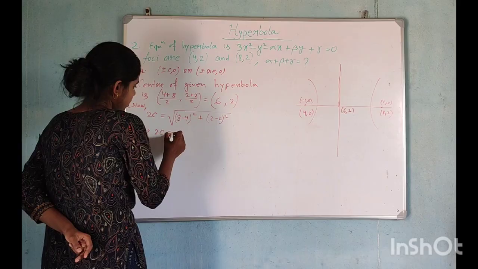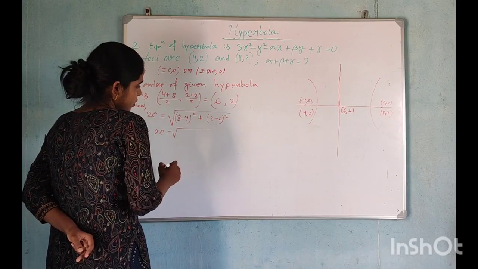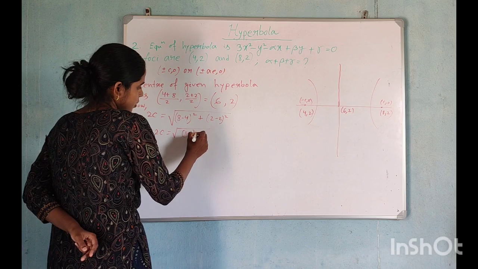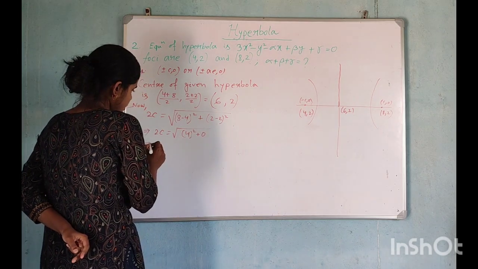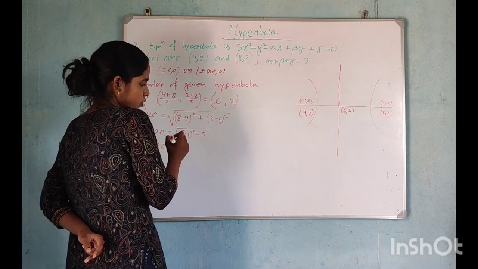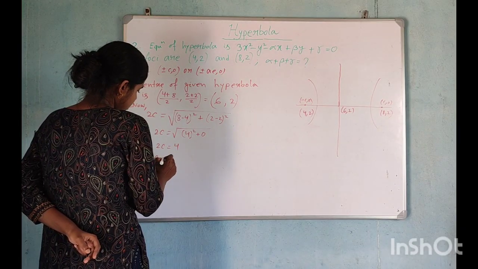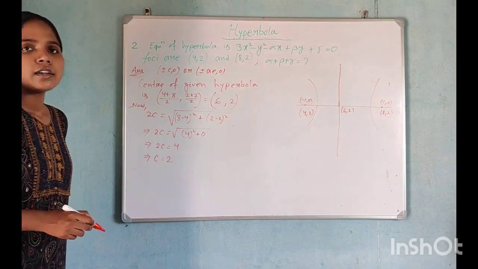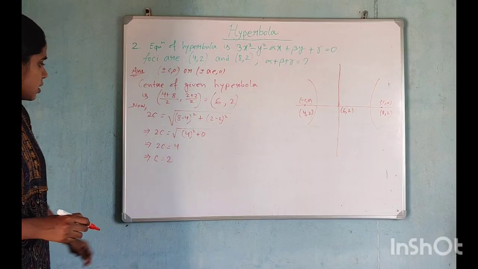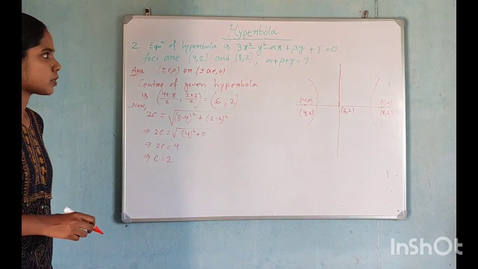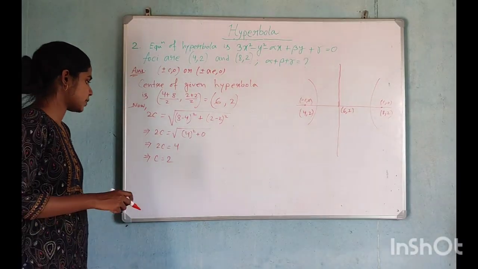This will be 4 square plus 0. So 2C equals root of 4 square, which is 4. So C is 2. So we got the value of C as 2, or we can say A equal to 2. Whatever, if we need it, we will apply it.